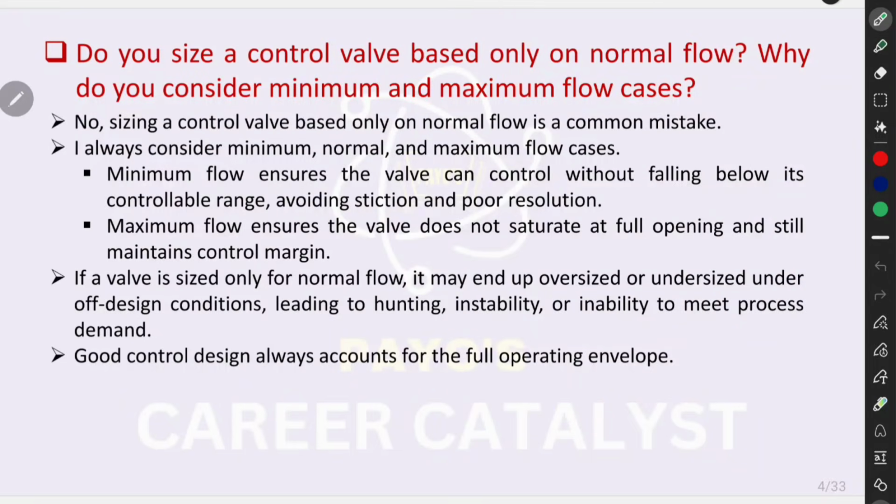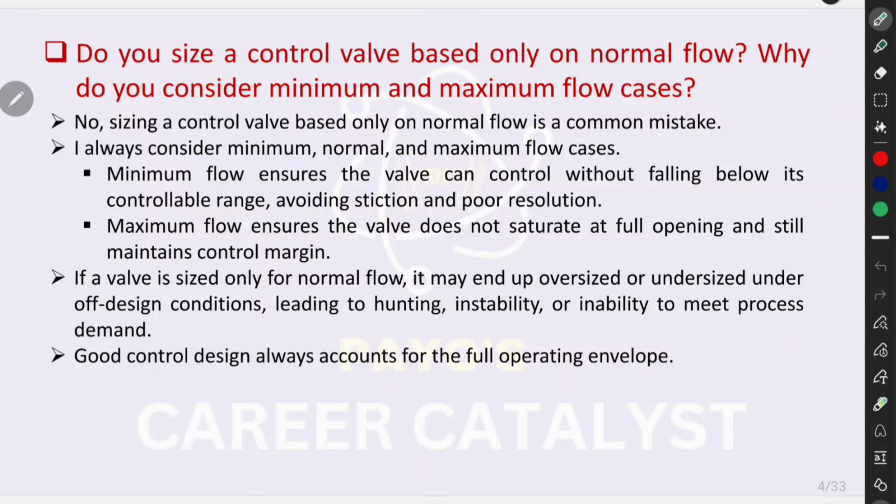Do you size a control valve based only on normal flow? Why do you consider minimum and maximum flow cases? No, sizing a control valve based on only normal flow is a common mistake. I always consider minimum, normal, and maximum flow cases. Minimum flow ensures the valve can control without falling below its controllable range, avoiding stiction and poor resolution.